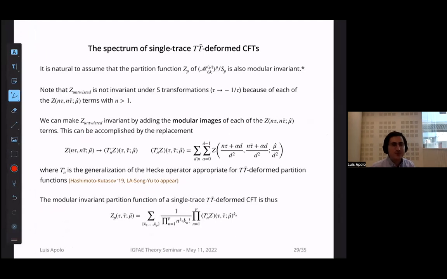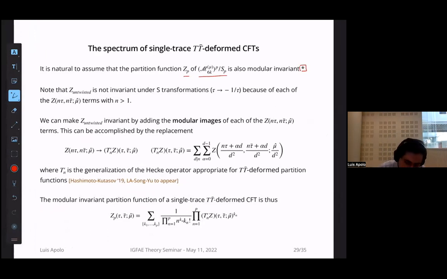So it's natural to assume that the partition function of the full symmetric orbifold that we've denoted by ZP is also modular invariant. There's a star here because there's a subtlety in this statement that I can also tell you about later if I have time.